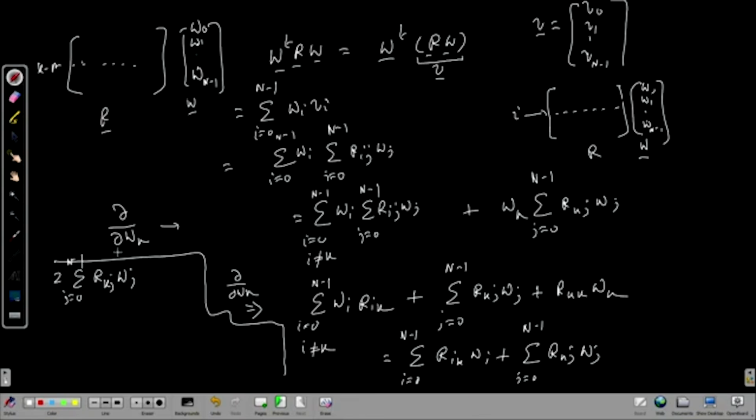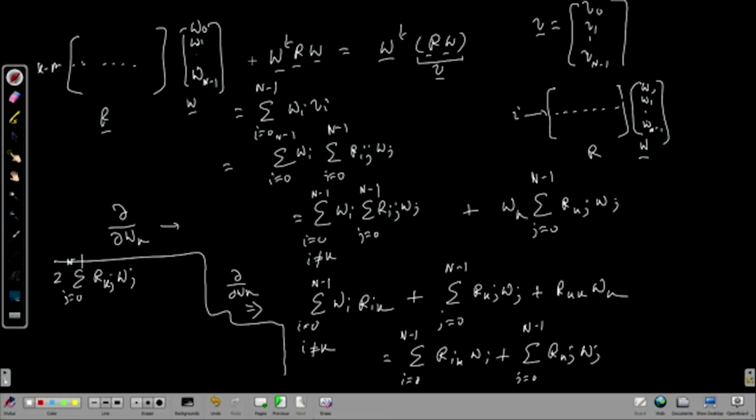So, basically it is nothing but the kth row times this vector, that will be the derivative of this W transpose R W with respect to W k. So, if I want to differentiate W transpose R W with respect to W k, I have to target the kth row and then this product. When it is W 0, I have to target the top row. When it is W 1, I have to target the second row. So, the top row times this will give me the derivative of this with respect to W 0. The next row times this will give me the derivative of this with respect to W 1 and so on.